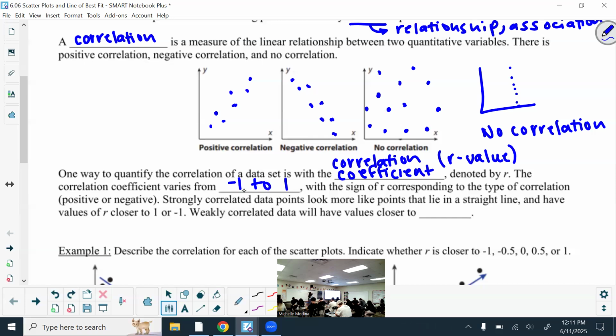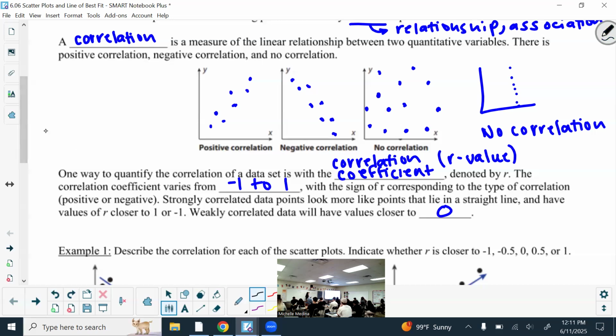So it goes from -1 to +1. Strongly correlated data points look more like points that lie in a straight line and have values of R closer to 1 or -1. Weakly correlated data will have values closer to 0.